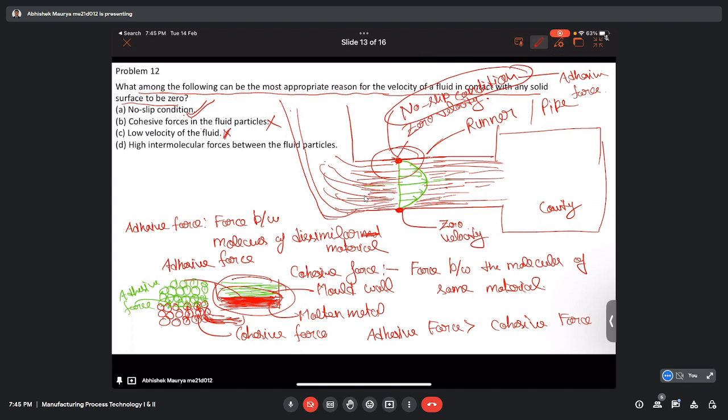No, this is not correct, because it is zero velocity, due to the strong bonding between the molecules of the molten metal and the mold wall. High intermolecular forces between the fluid particles is the same as the cohesive force, the same as option B, so it is also not correct. So only the no slip condition or the adhesive force is responsible for the zero velocity of the fluid near the walls. So the correct answer is A.